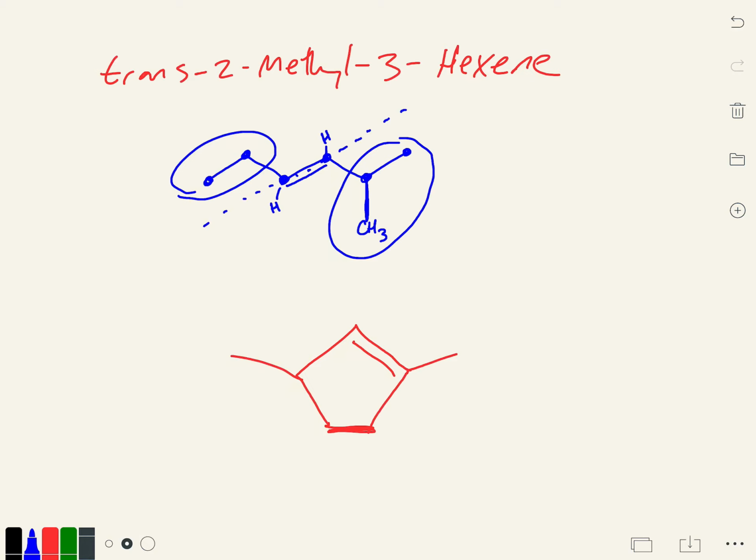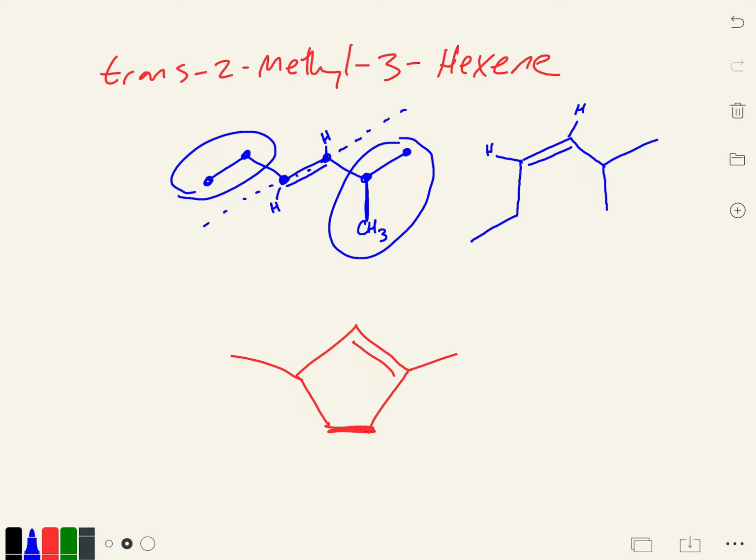Let's draw cis. What that would entail would basically be recreating this side of the double bond. And then instead of the carbon number 5 and 6 being up from here, they would be down like that. And the other hydrogen would be there.